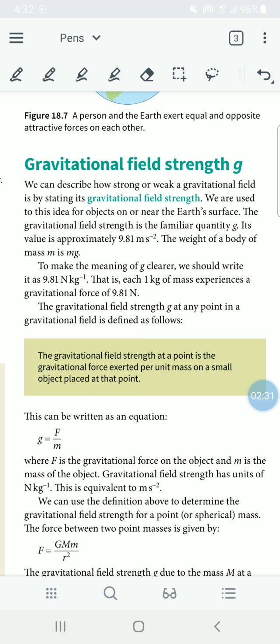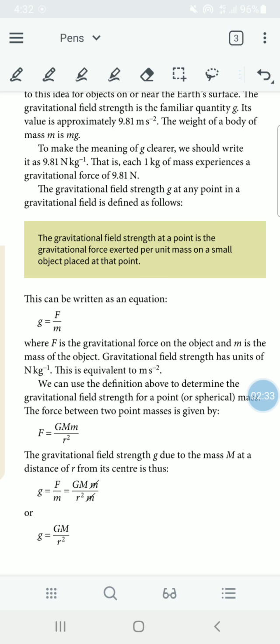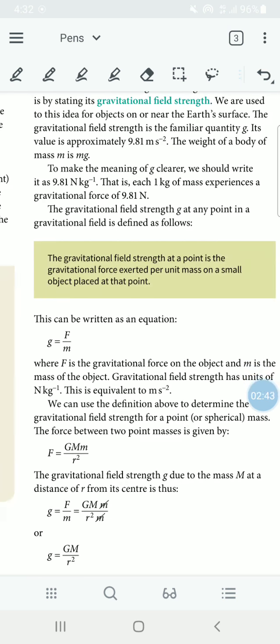So now we have two equations. For force we have an equation: force equals G capital M simple m upon r squared. If you combine these two equations, instead of F, you write G capital M simple m upon r squared, then F divided by m means G capital M simple m divided by r squared divided by simple m.